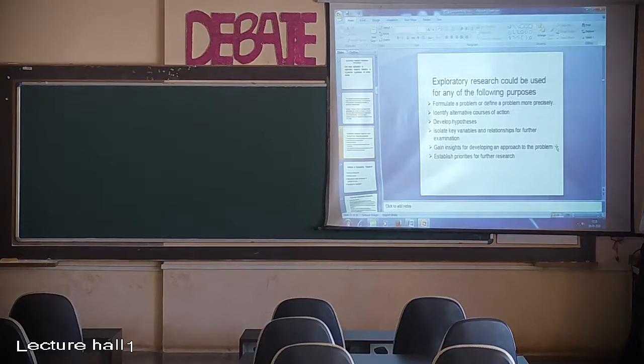I isolated the price influence on the sale. I isolated people's influence on the sale. I isolated competition influence on the sale. I isolated promotion influence on the sale. Now what I am left with is the product quality. Now I am sure that as a result of this exploratory research, I could find out that poor product quality is the reason behind poor sales. That's the beauty of this exploratory research.